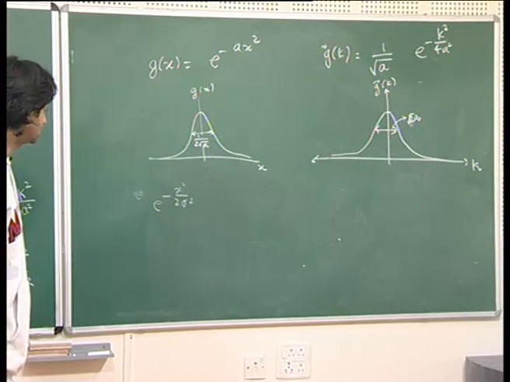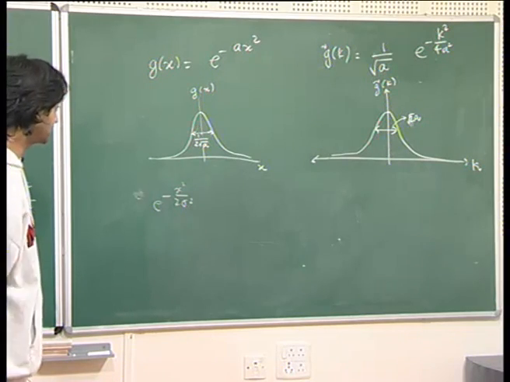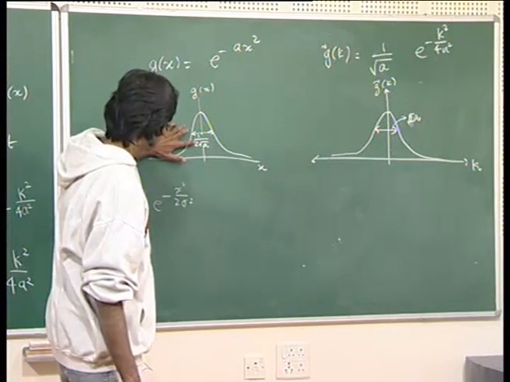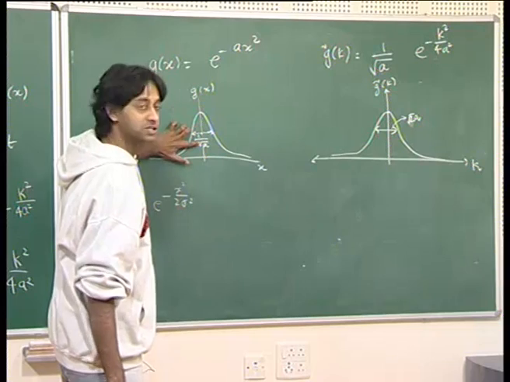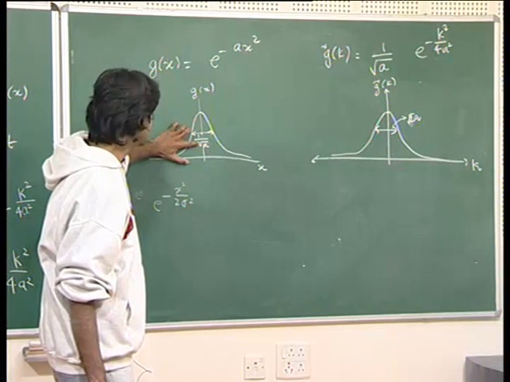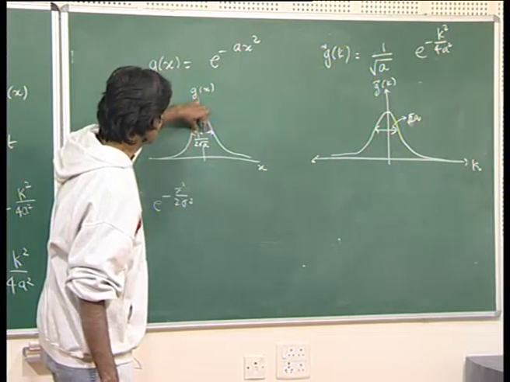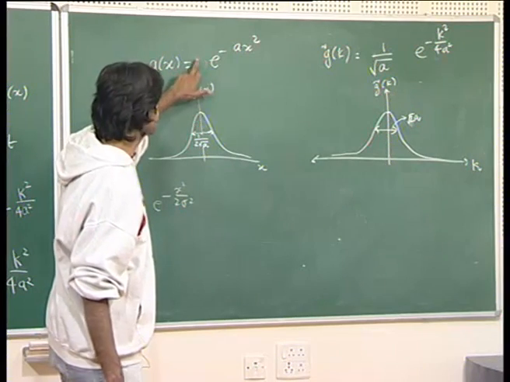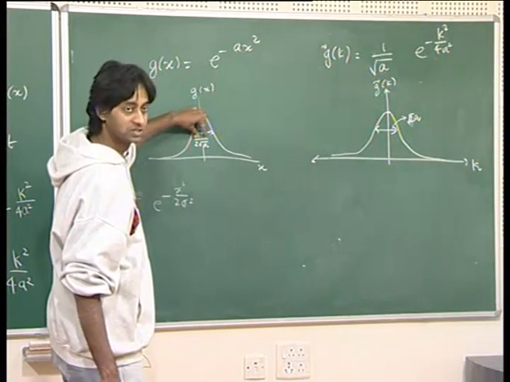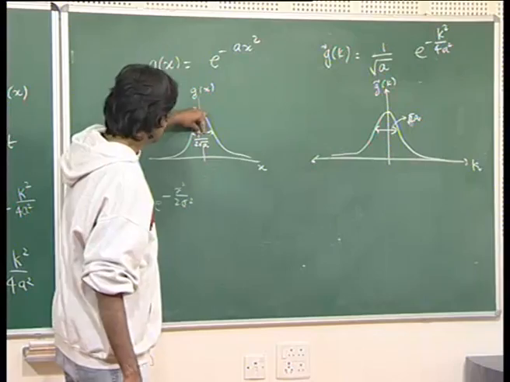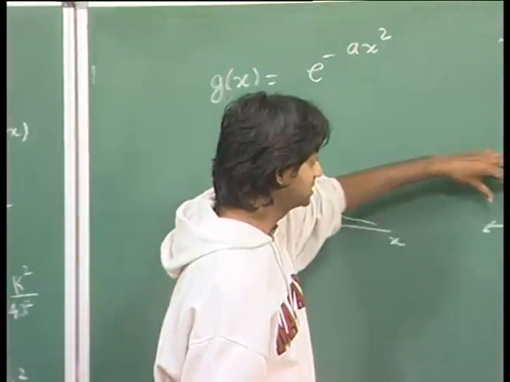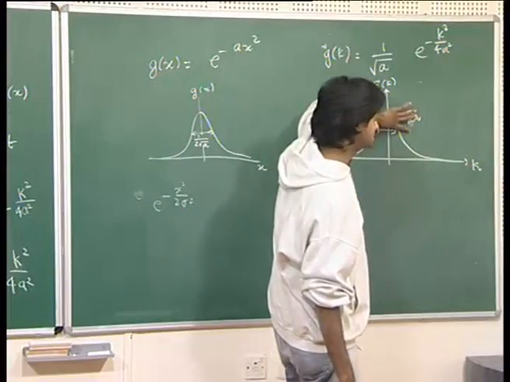So, what we have shown is the following, that if A is very large, okay, then that means you have a very narrow Gaussian. In X space it is very narrow, this width is very small. If this width is very small in X space, then this width becomes very large in K space.